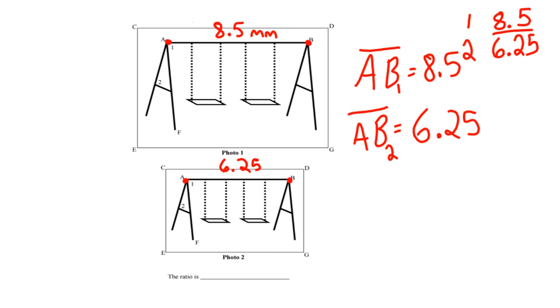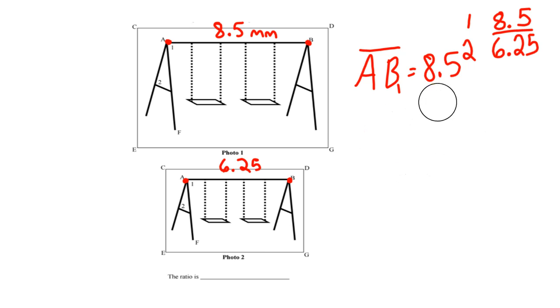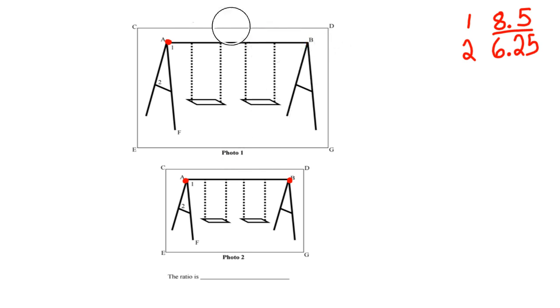Alright, now if I get rid of these measurements, let's look at something else. Let's go with line CD. My line CD is going to be that top line, the boundary that we have going on here.